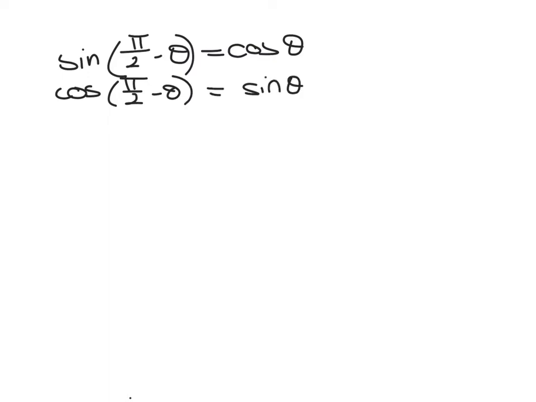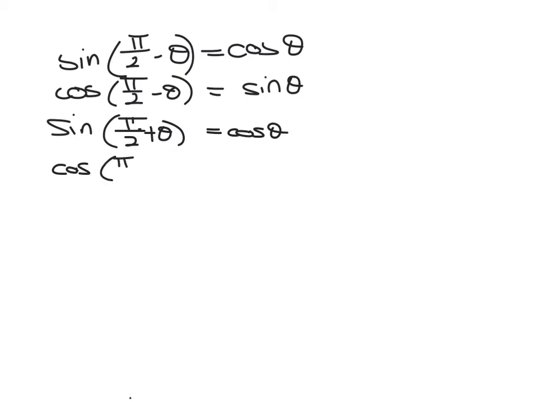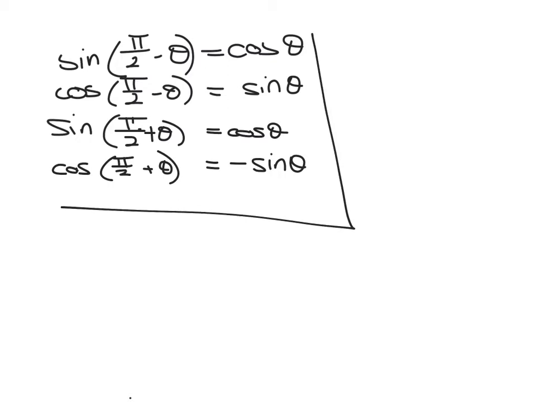And this might not have been in the textbook, but these two also apply: that sine of pi on 2 plus theta equals cos theta, and that cos of pi on 2 plus theta equals negative sine theta. Then we can actually solve all these different types of questions that we got from 12L.